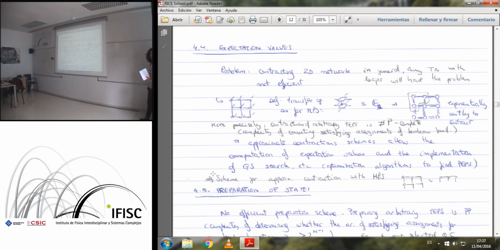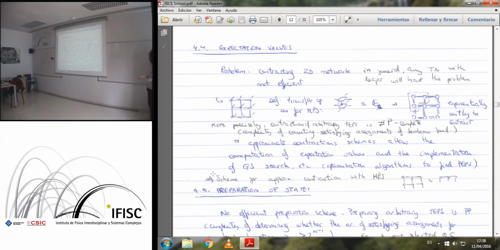However, in practice, you can use some approximate contractions, and there are approximate contraction schemes which are efficient. I will just tell you about one here. It's not the only one, there are other ways. The key will be whether these things approximate well the contraction that you want to calculate. In many interesting physical cases, like cases that you use in practice, this is the case.